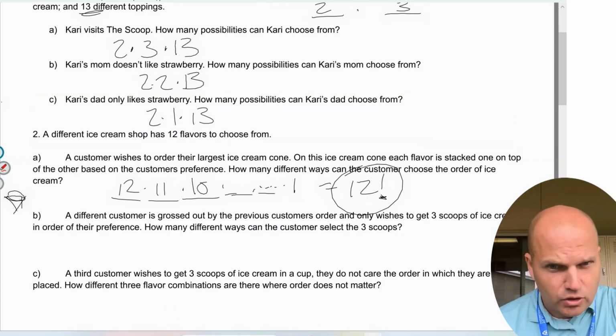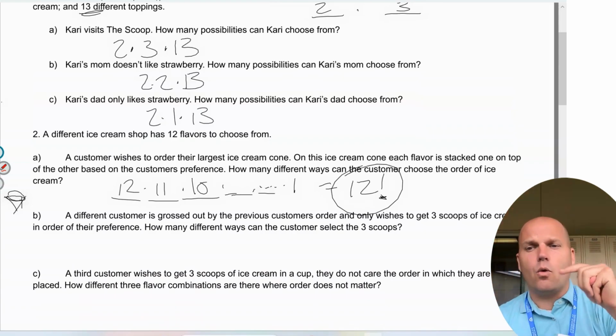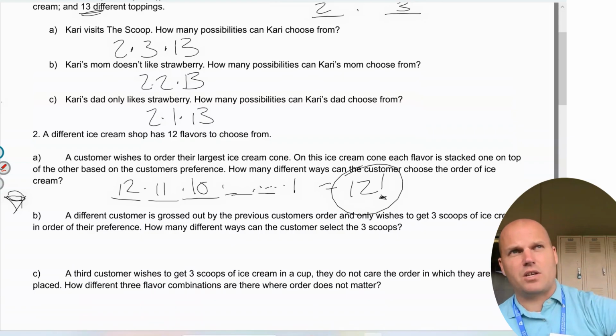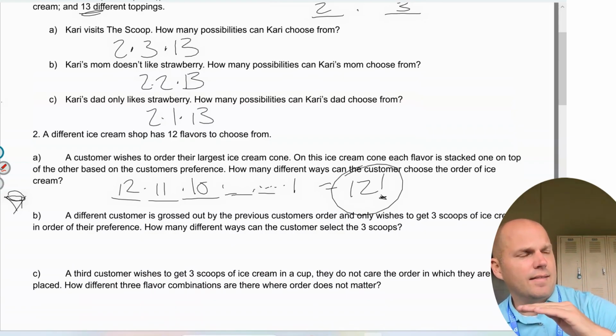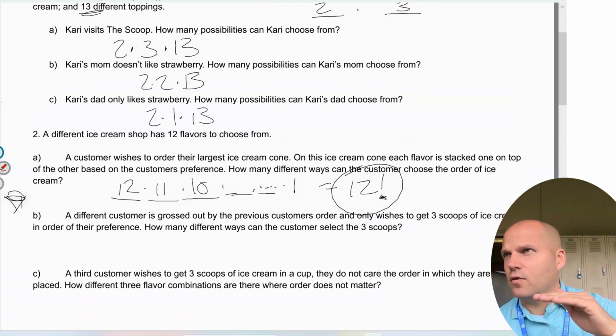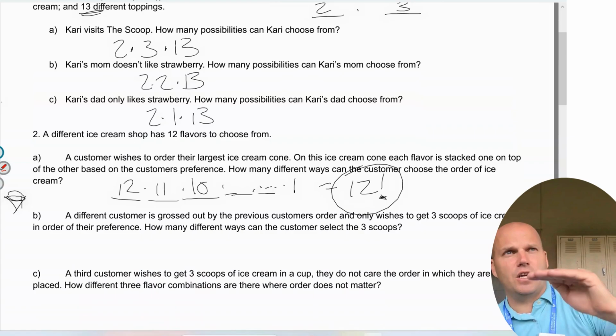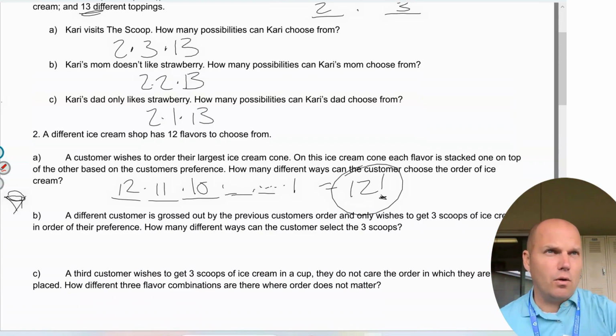A different customer is grossed out by the previous customer's order and only wishes to get 3 scoops of ice cream in order of their preference. So she wants to make sure that bottom, middle, top matters. Chocolate, vanilla, strawberry is going to be different than strawberry, vanilla, chocolate. So order matters.